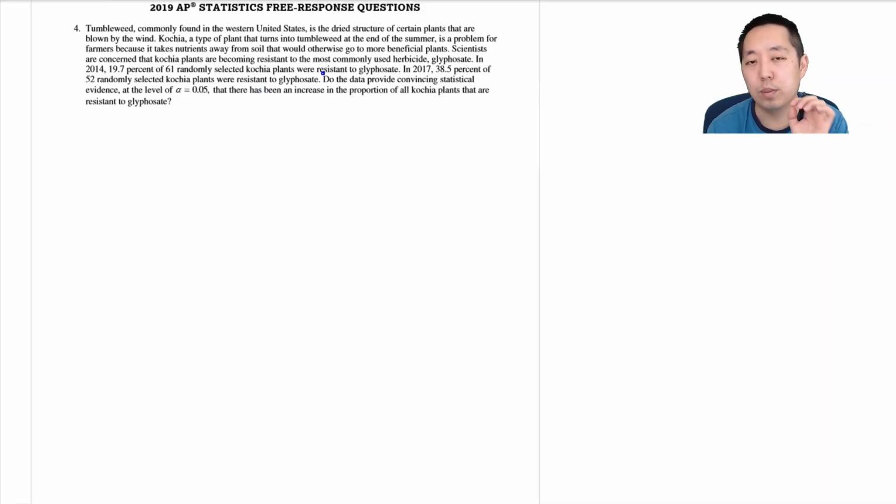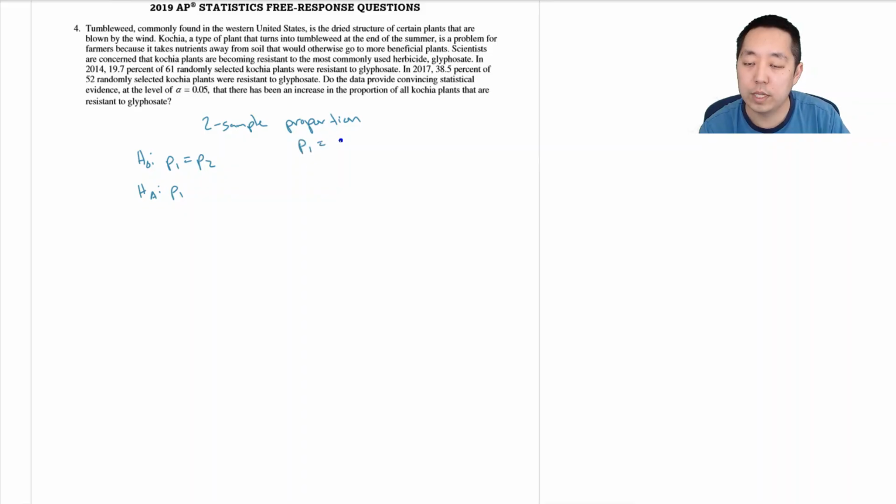So we have two proportion samples, and we're comparing them. So this is a two-sample proportion test because it's a percentage. In a two-sample proportion test, our null hypothesis is that P1 is equal to P2. P1 will be the 2017 numbers, and P2 the 2014 numbers.